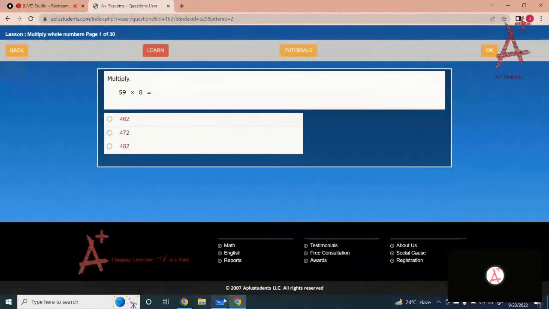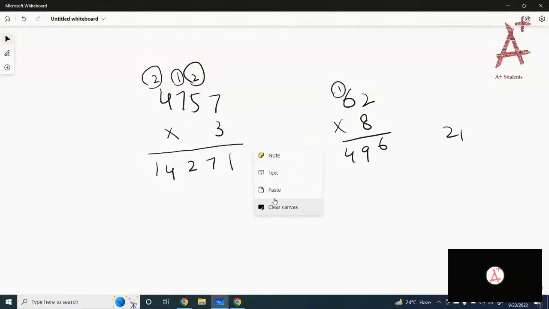So let's do 59 times 8. 8 times 9 is 72. Write the ones digit over here, carry the tens. 8 times 5 is 40, and 40 plus 7 is 47. So it is 472. Got it?